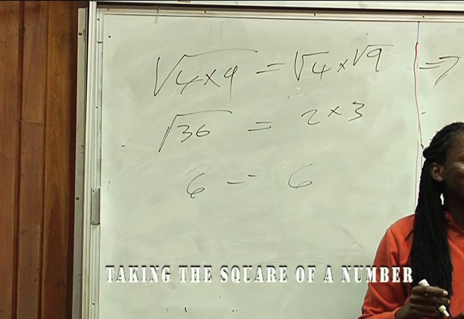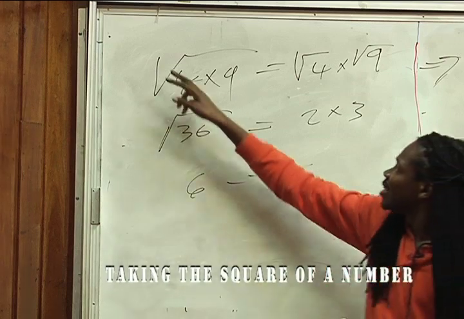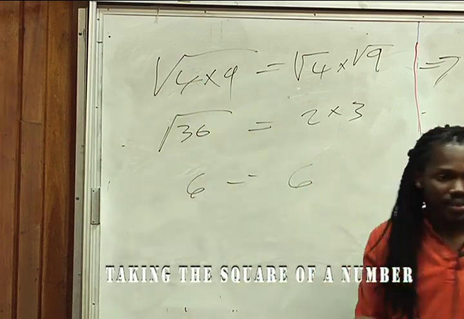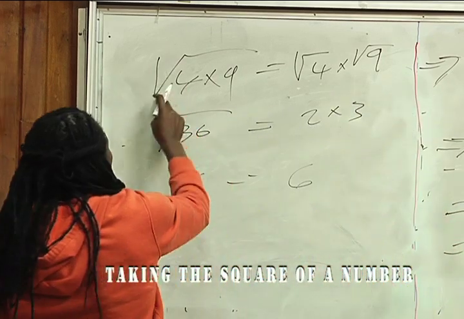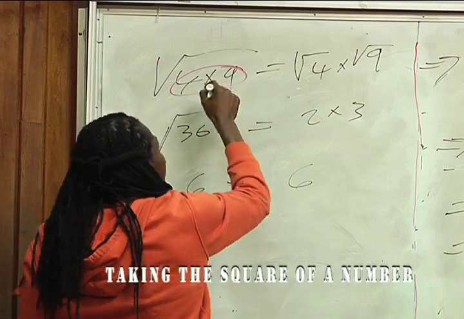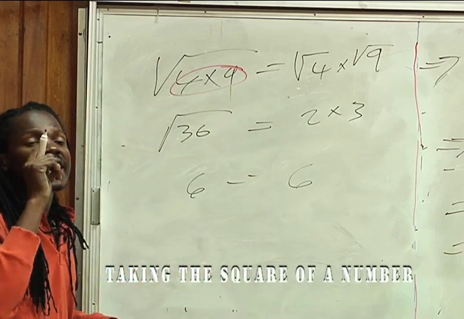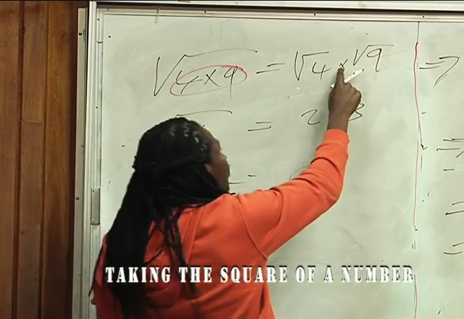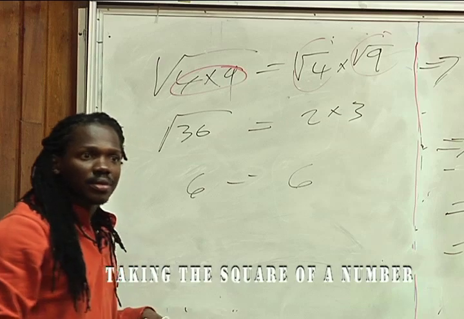So the square root of a product is equal to the product of the square roots. This is a product: 4 times 9. It is equal to the product of the individual square roots.